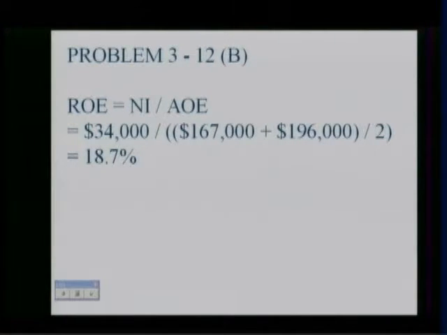So if you look over the balance sheet on the top of page 86, it tells you your total owner's equity for 2004 was $196,000, and your total owner's equity for 2003 was $167,000. If you add those 2 numbers together and divide by 2, that will give you your average owner's equity. You take that resulting number, divide it into $34,000, and you get 18.7%.